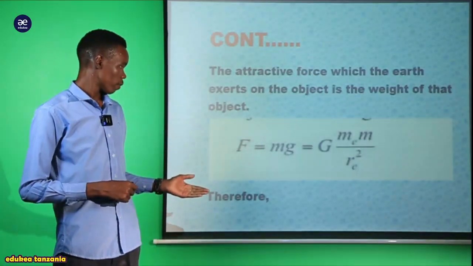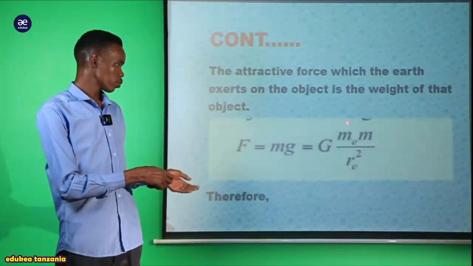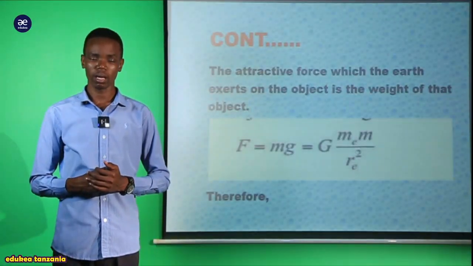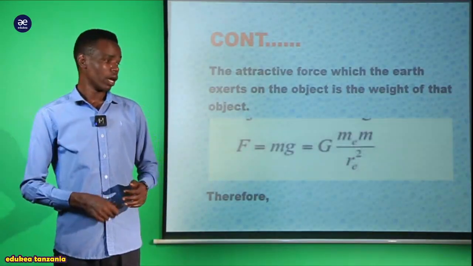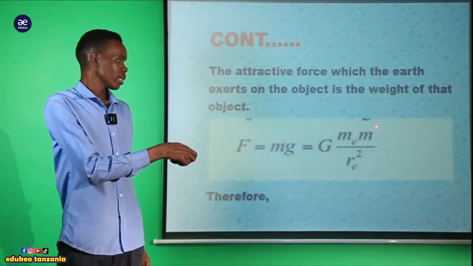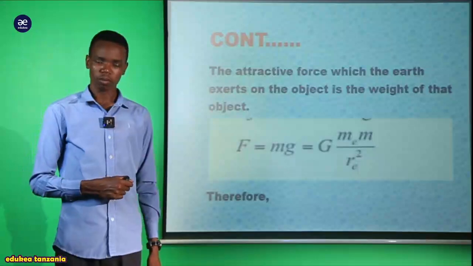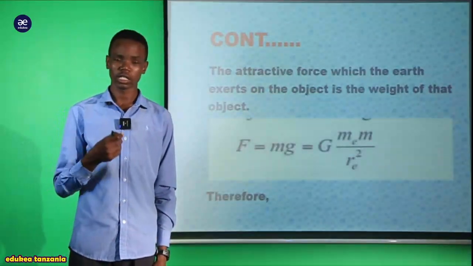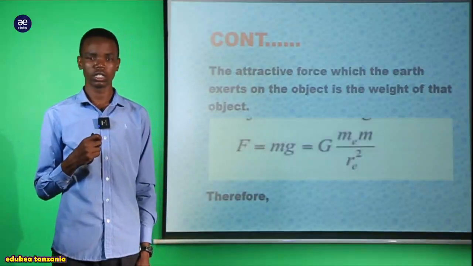So therefore, because we have two equations, we have mg equal to G Me m divided by Re squared. Now, as we observe here, the mass of the object is common, and if it is common, we are supposed to cancel it.